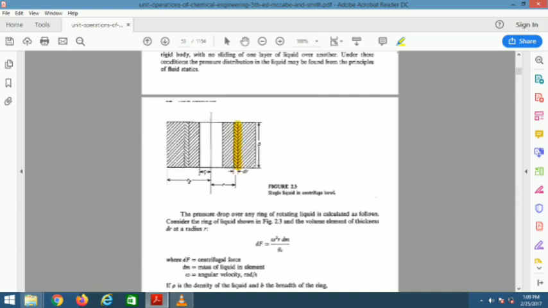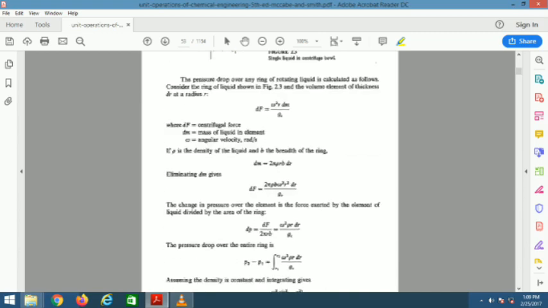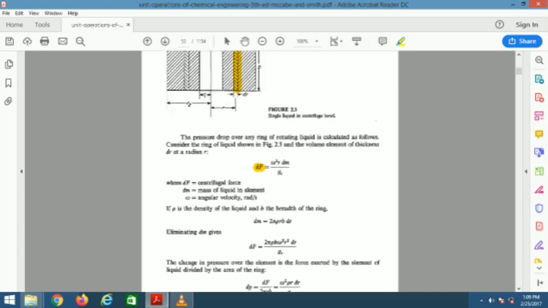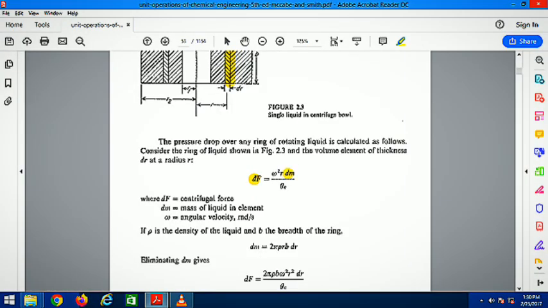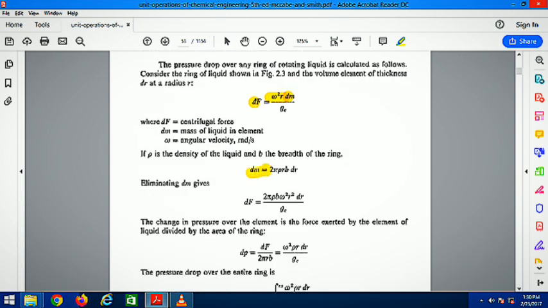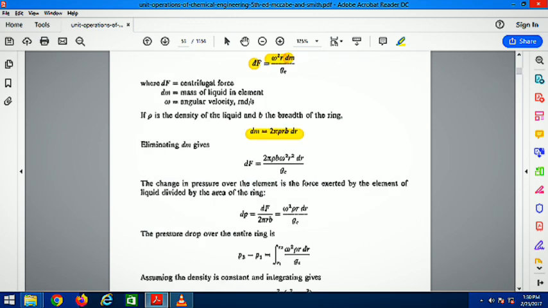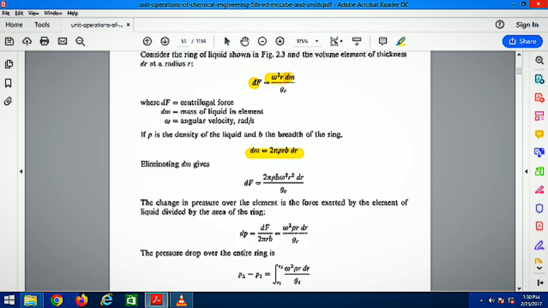For any radius r and element dr with a height of b, force is equal to mass into acceleration, and mass here is density into volume.